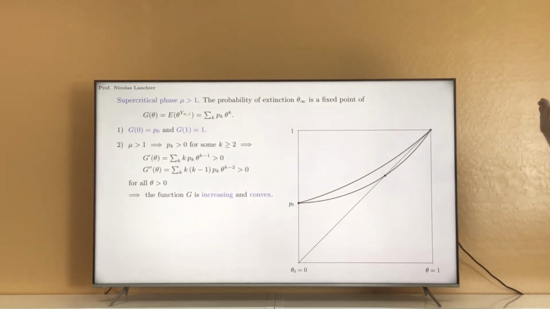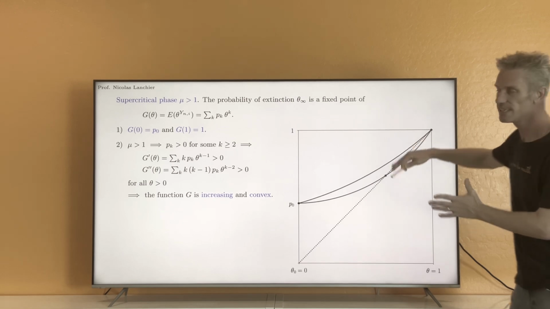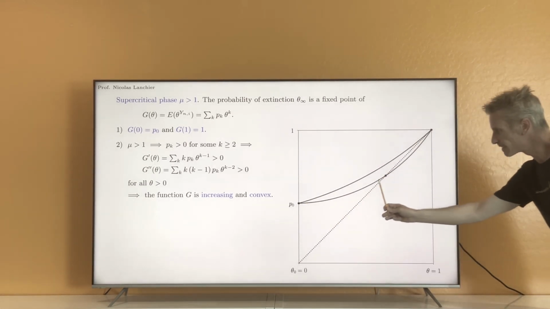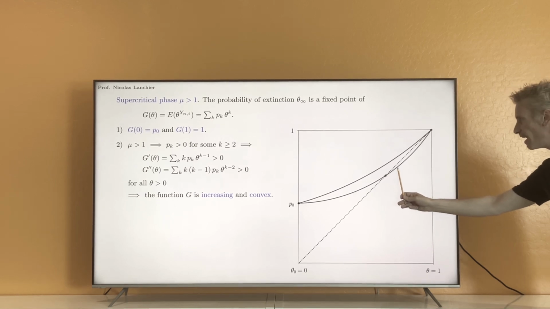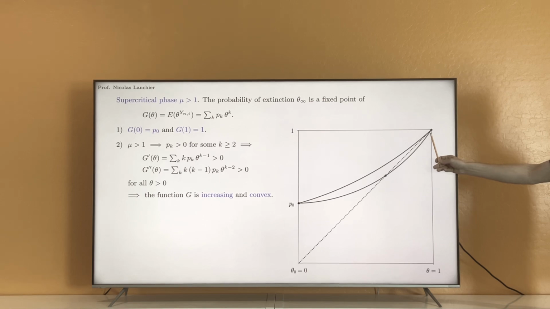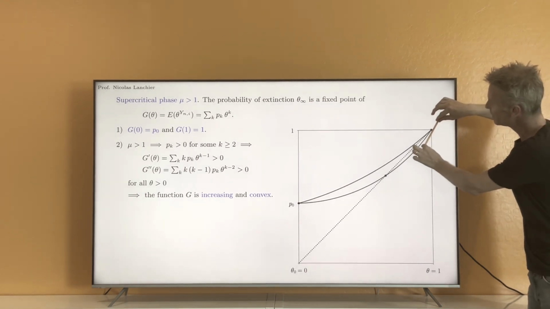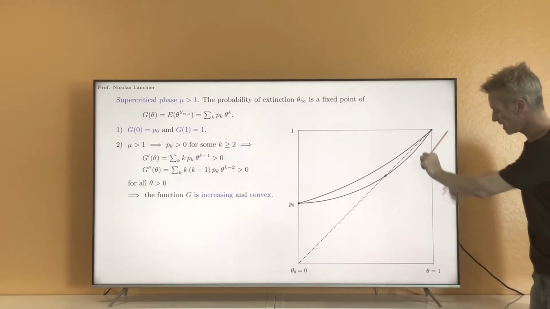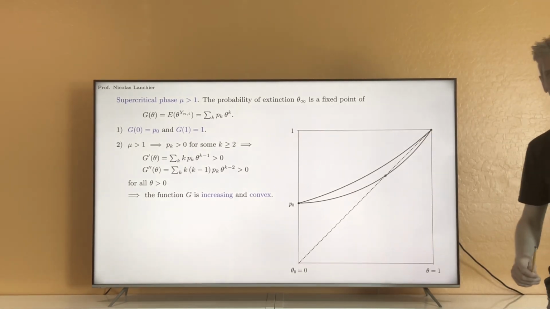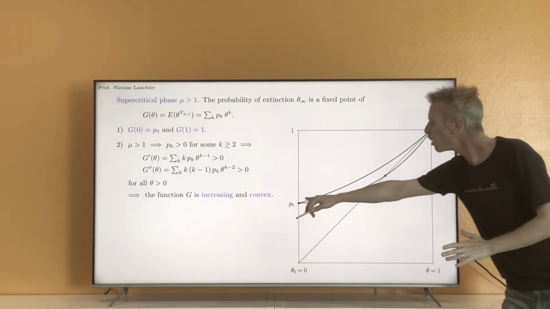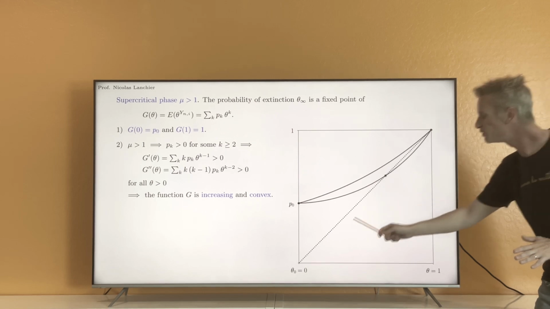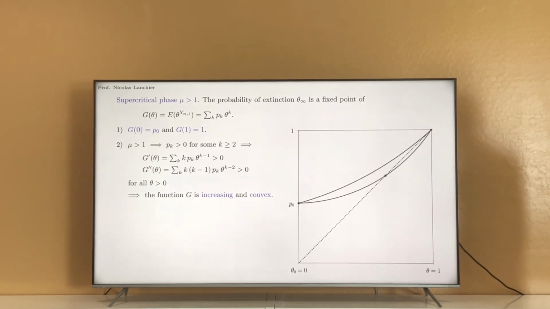So if you look carefully at your 2 scenarios here, you see that if you intersect the straight line, and then you go up like that to this point 1, 1, then in this case, the derivative at point 1 should be strictly larger than 1. Okay? That's a characterization of all those graphs that are going to intersect the straight line between 0 and 1 and again at 1.